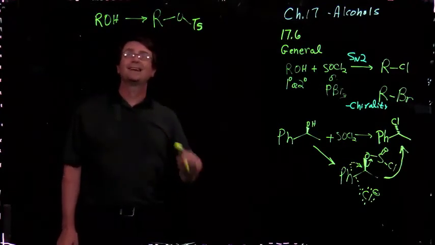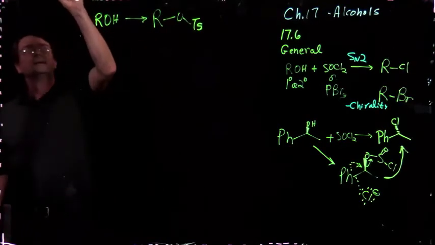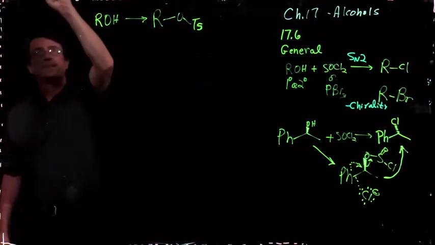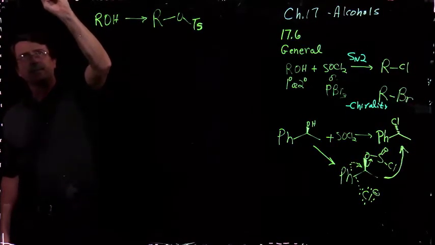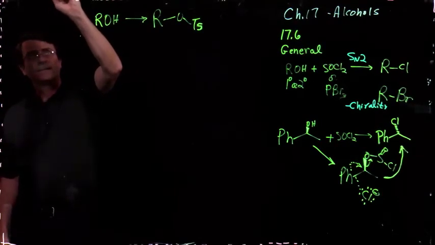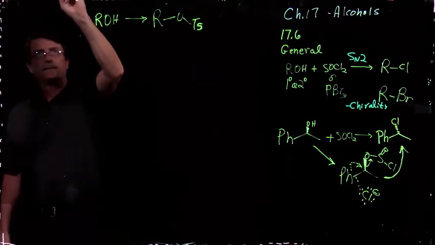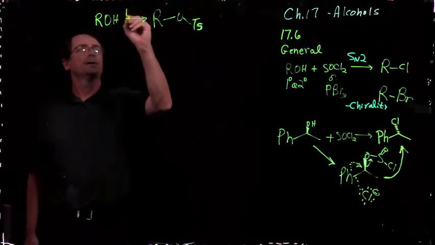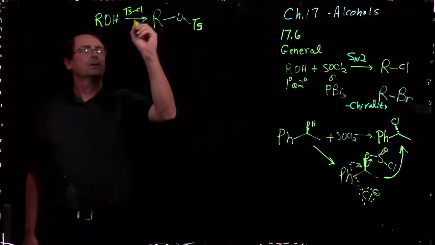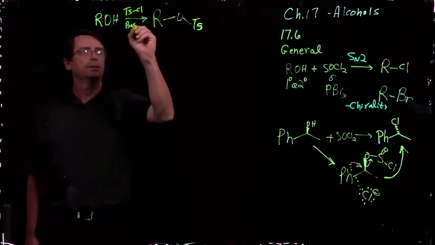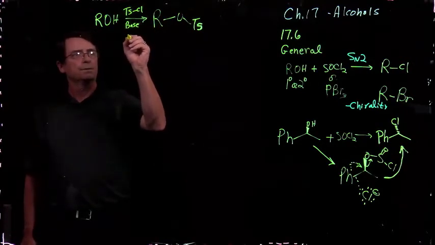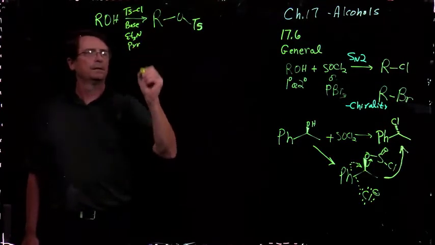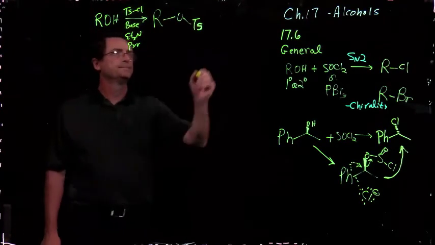For the tosylate, you do that with tosyl chloride and a base, some sort of tertiary amine, either triethylamine or pyridine in this case.